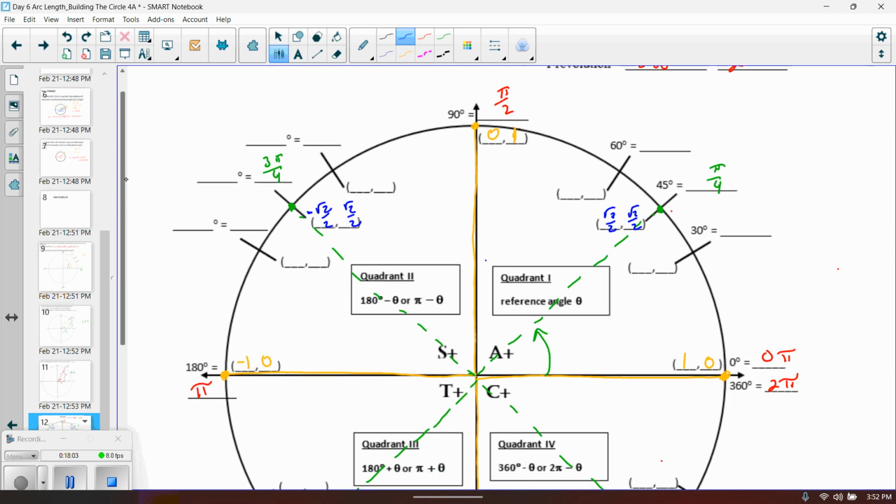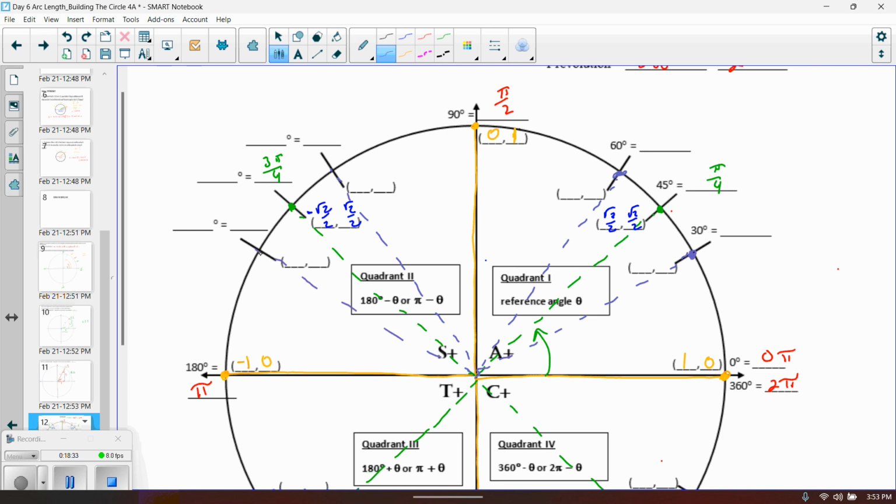Okay. And again, we have already developed the ordered pairs for the 30, 60, 90. So we'll write those in a second. But think about this. If we were to take this 30-degree angle right here, and we were to keep cutting this into equal slices of 30 degrees, that's going to give me a 30, a 60, a 90 going straight up, this one out here, this one over here.